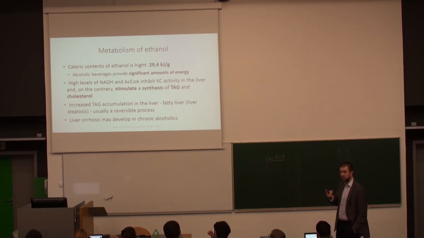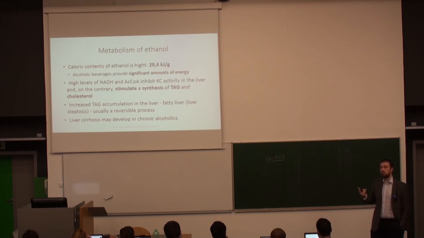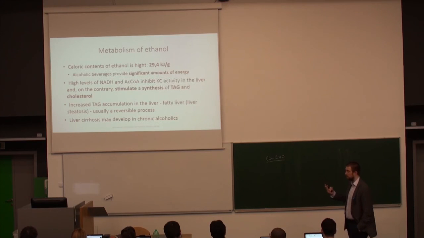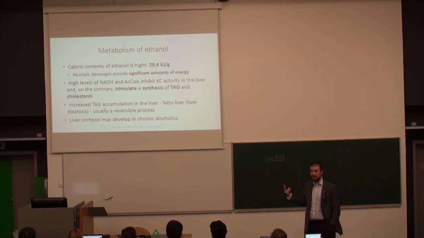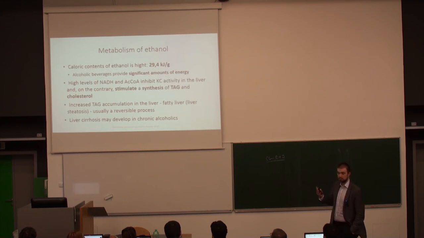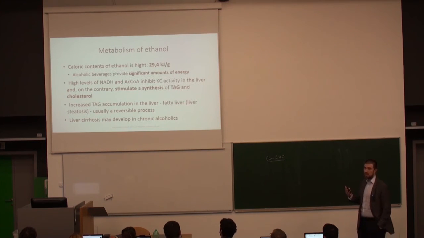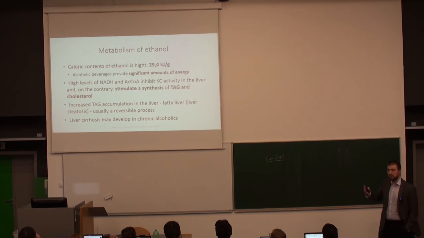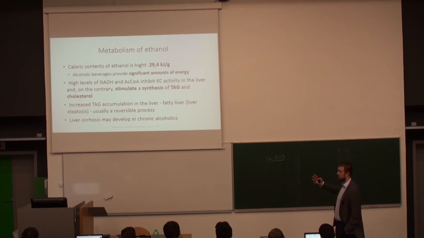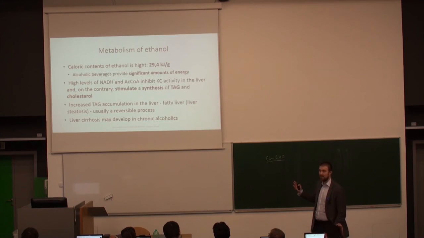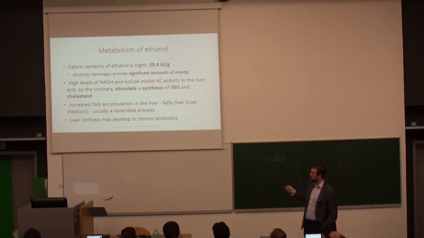And if they have this, they can produce fat. They will start to produce fat, and since it's an overwhelming amount, it will accumulate in the hepatocytes. They cannot transfer all the fat into the peripheral tissues. And this accumulation of fat in the liver will lead to the condition that we call fatty liver disease.